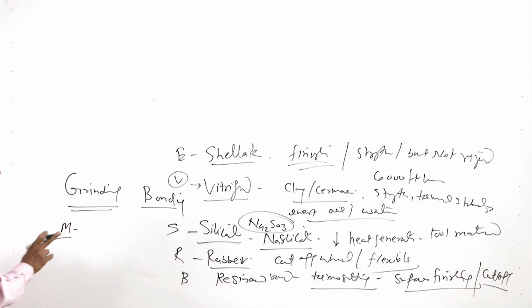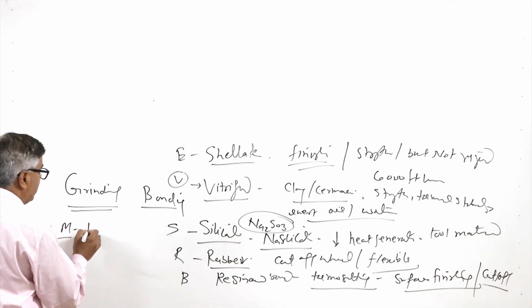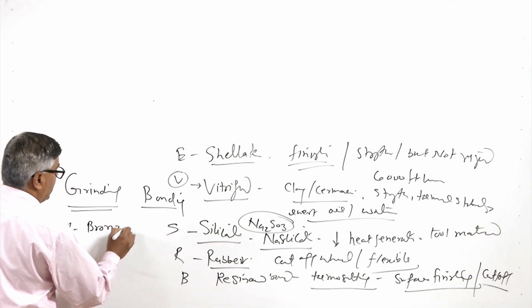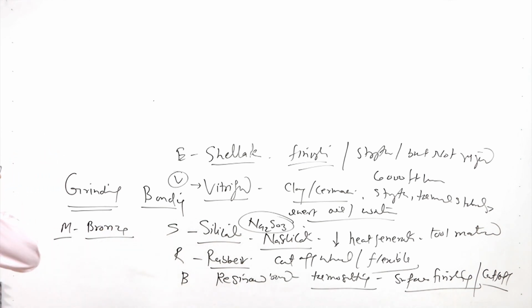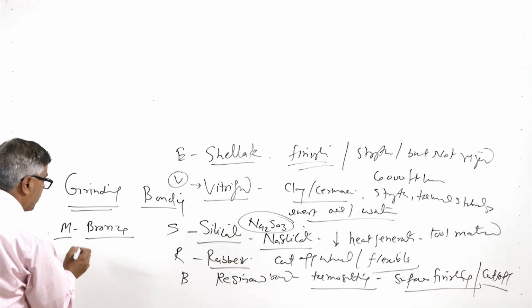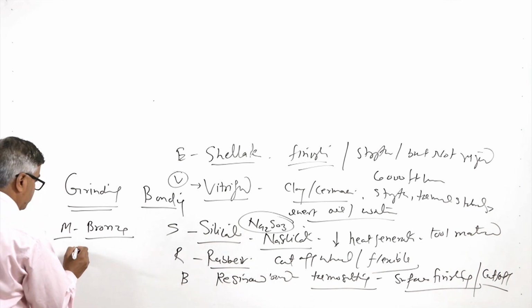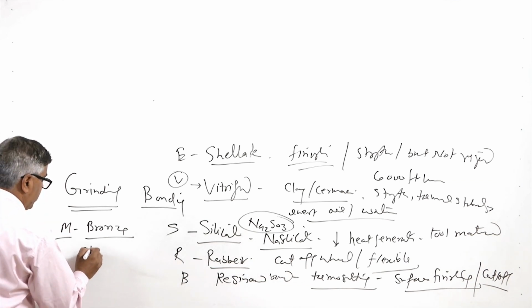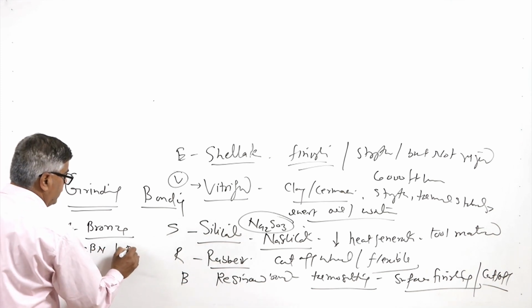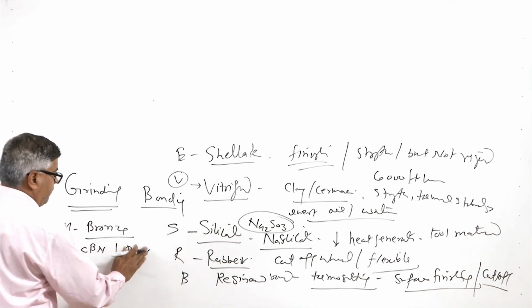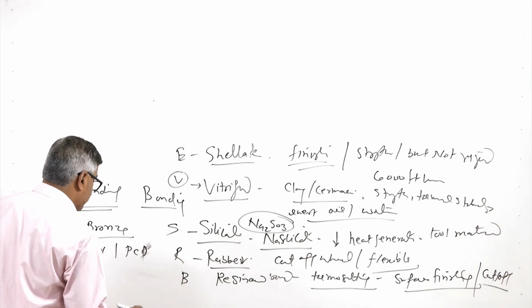M is used for the metallic bonding material, and mainly bronze is used as the metallic bonding material. It is used for bonding abrasives like cubic boron nitride and PCD, or sintered polycrystalline diamond.